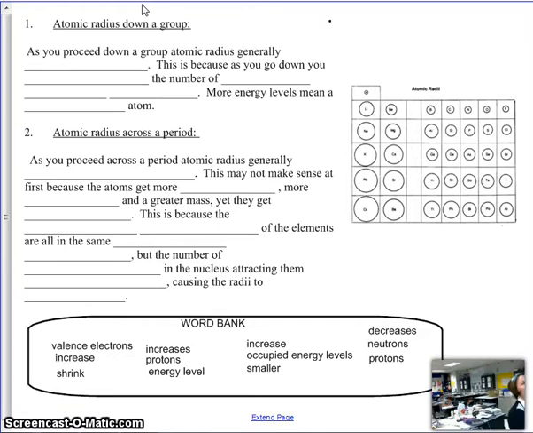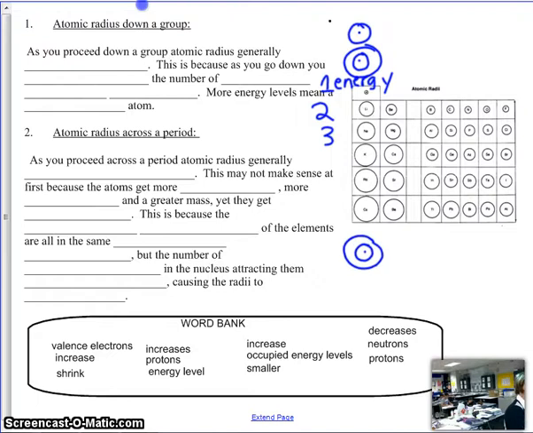So everybody in row 1 has 1 energy level, and everybody in row 2 has 2, and everybody in row 3 has 3. So you go from 1 energy level, and then the next element down, you have 2 energy levels, and then the next element down, you have 3 energy levels. So each time you go down a box in the group, you add on a whole energy level.